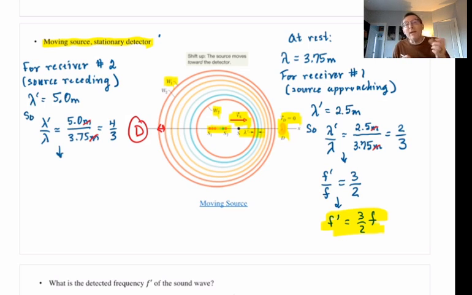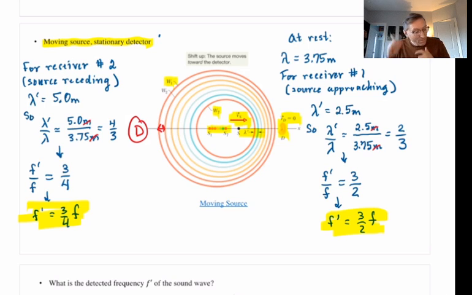But frequency and wavelength are inversely related. So the ratio of the detected frequency to the emitted frequency is 3/4. Or to say it another way, f prime is 3/4 times f. And now the detected frequency is less than the emitted frequency. So when the source moves away from the detector, the observed frequency goes down.